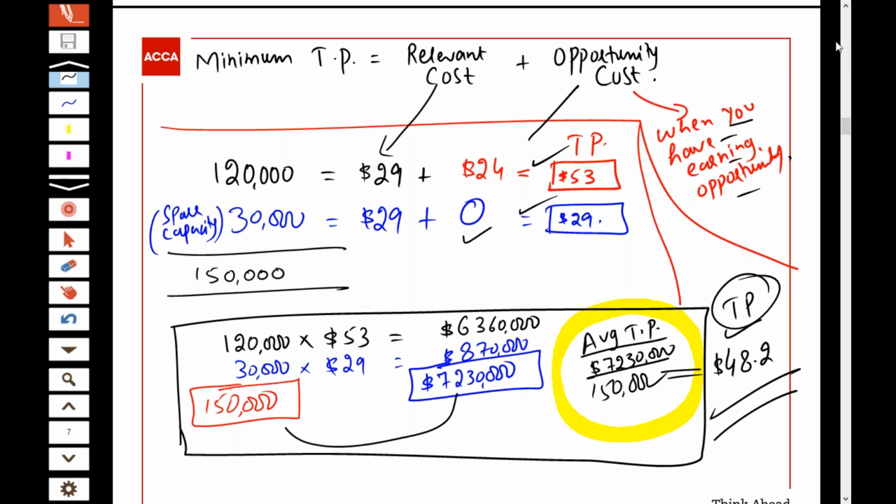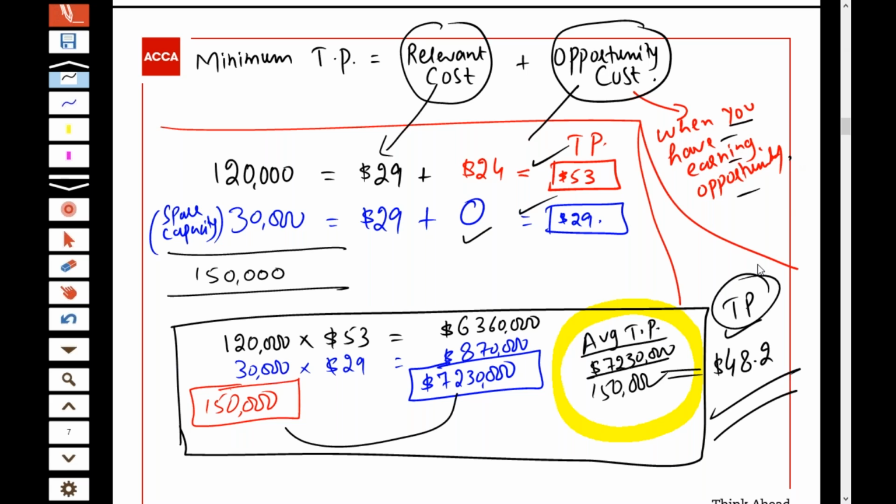The transfer price is calculated as the relevant cost, the cost which is necessary, and the opportunity cost, which is the lost income, the lost contribution. The lost contribution as an opportunity cost is countable when you have an earning opportunity, and when you do not have an earning opportunity, the opportunity cost is not counted. All right, students.